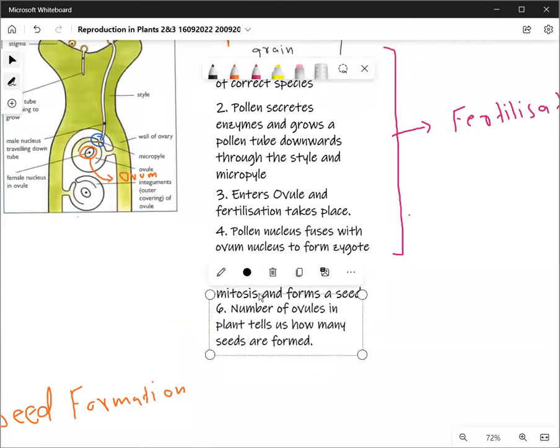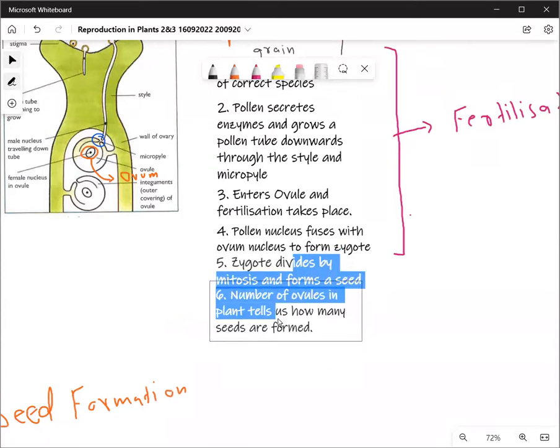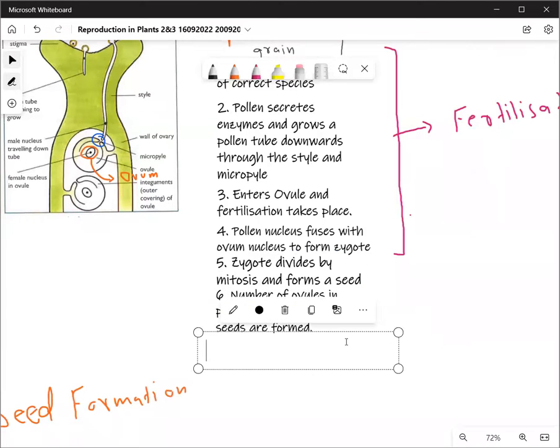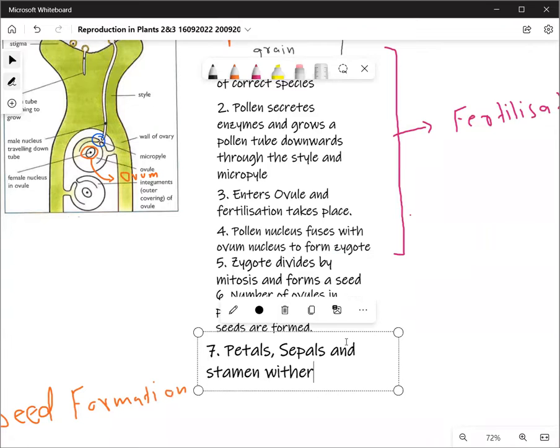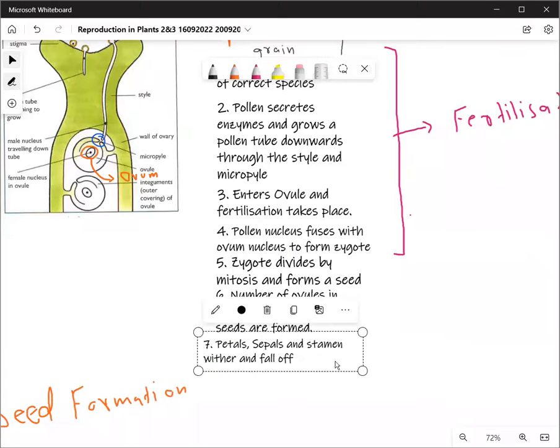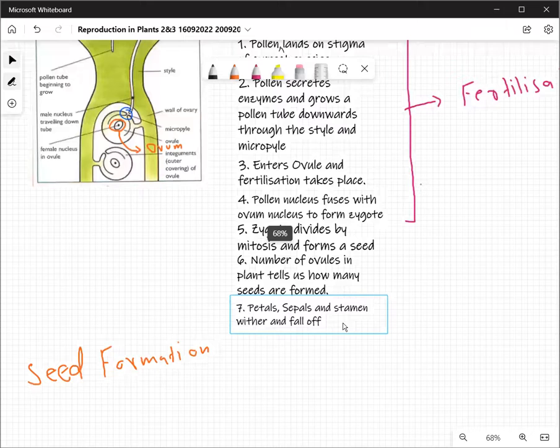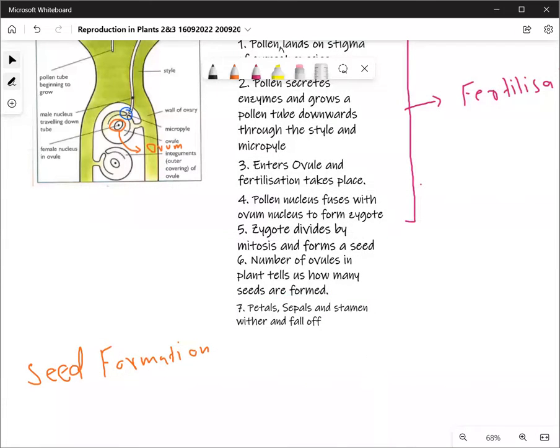Just make it number 7, and write down that the sepals, petals, and stamens wither and fall off. That's the last thing about fertilization. Tell me when you're done writing.